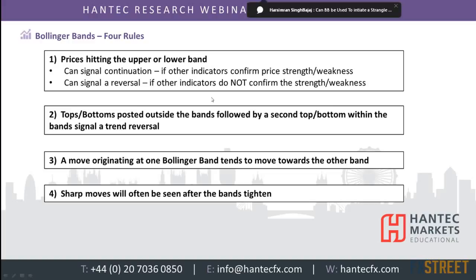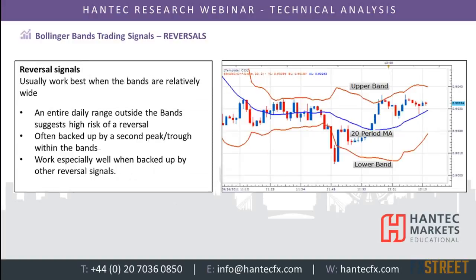Okay, now reversals. This is point 2 on those basic rules. So when we're looking for reversals, we need to have the Bollinger Bands at a relatively wide space apart, and we're looking for an entire trading band outside the Bollinger Band.